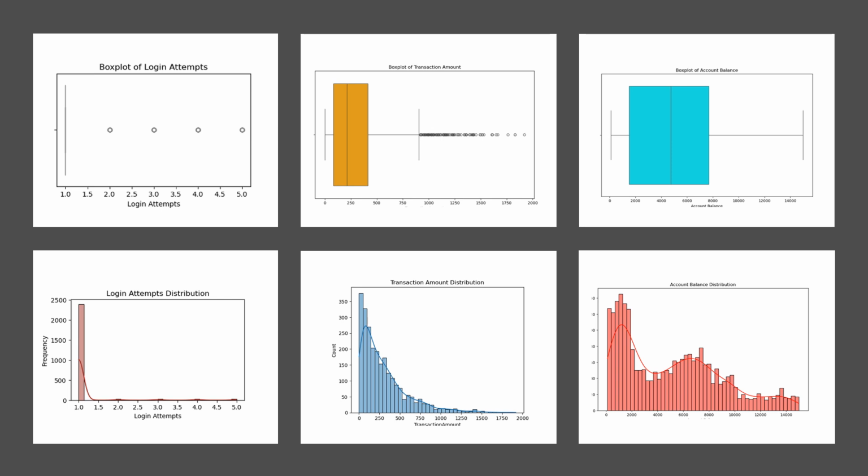In the transaction amount box plot, we can consider transactions above $900 to be outliers. The distributions are all highly irregular, right-skewed distributions, meaning that we can expect to see long right tails on all of them, and we do.